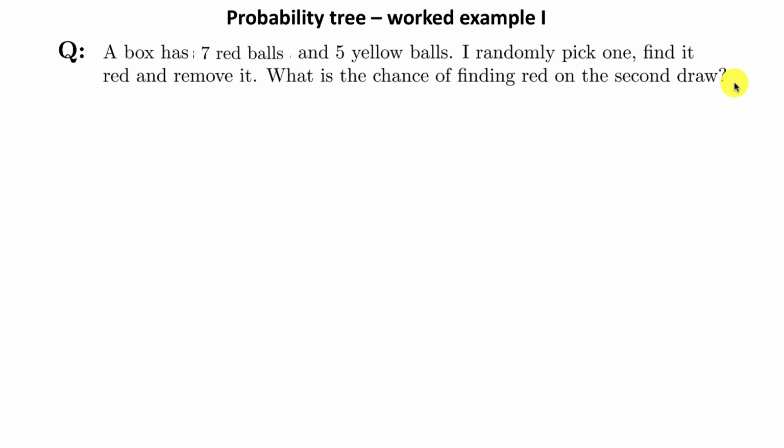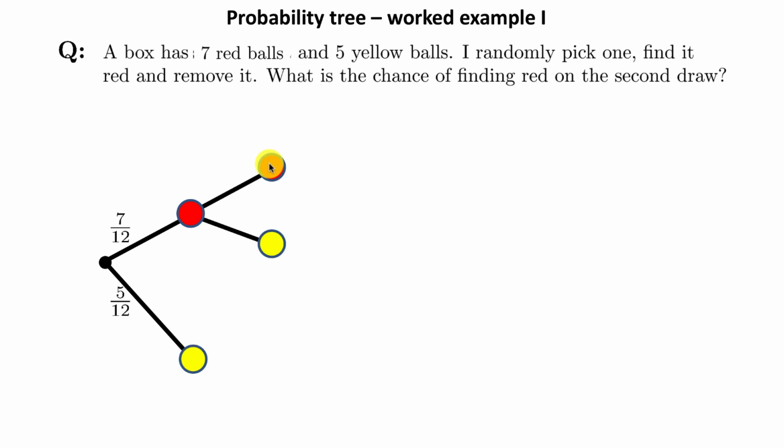Clearly, I had 12 balls to begin with, and so the probability of finding a red ball was 7/12. And that's now to be depicted here. So at the first level, there's a probability 7/12 of a red ball and 5/12 of finding a yellow ball.